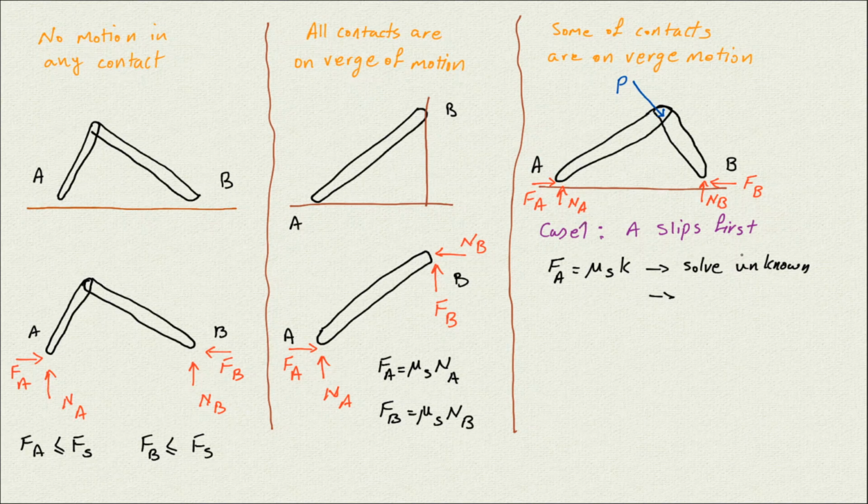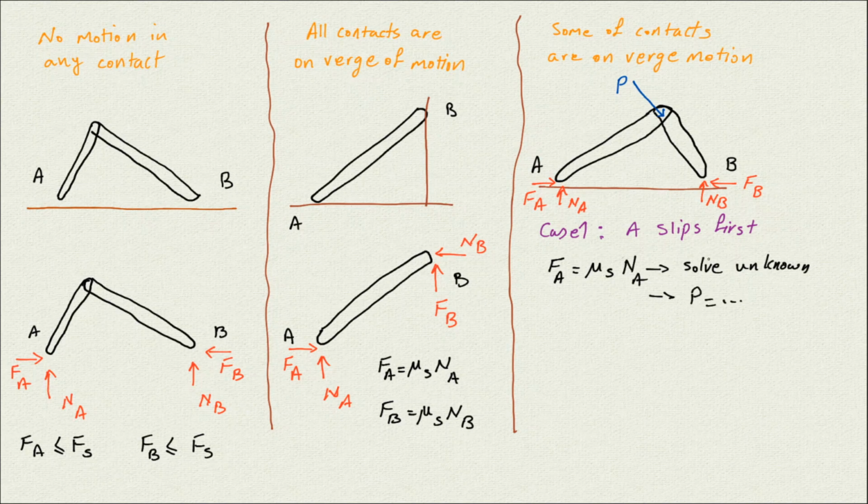So if A slips first, F_A is gonna become equal to μs N_A. So we can calculate P, and it gives me some value.